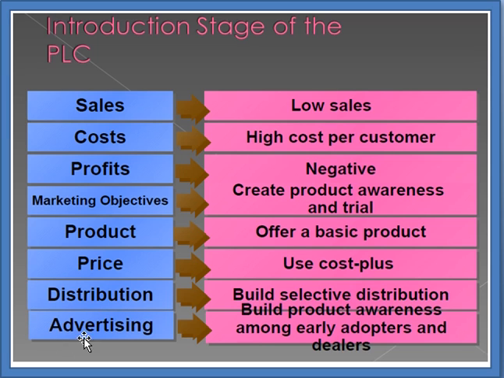Then for advertisement and promotion, we need to concentrate. In the earlier topic, we discussed the marketing mix, and in the marketing mix, we discussed promotion. In promotion, the first tool is advertisement. So in the introduction stage, advertisement is very heavy.